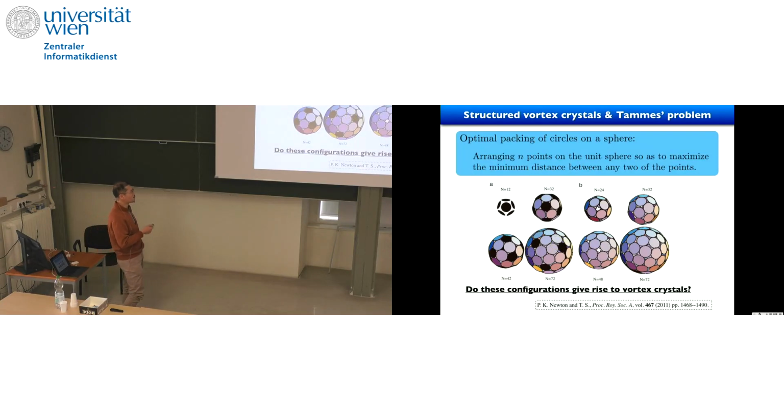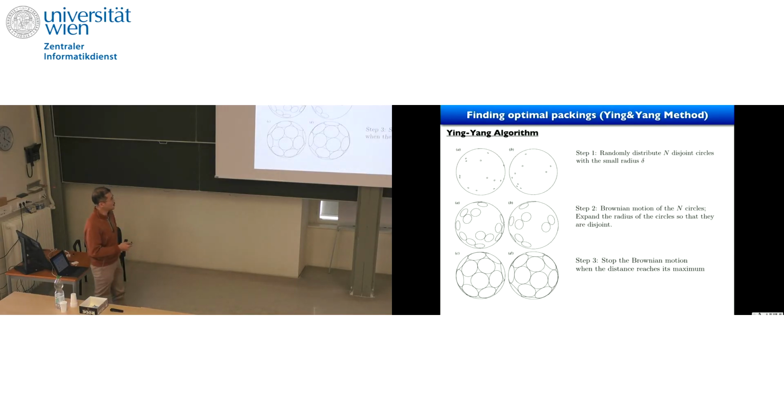We are going to confirm this by using the linear algebraic approach, since we can obtain the location of the optimal packing by numerical means. Okay, here is a numerical method for obtaining the optimal packing state. This is also a stochastic algorithm, known as the Lubachevsky-Stillinger method. It is very simple. In the first step, we distribute n disjoint circles with a small radius delta, like this. Then we move these small spherical caps randomly.